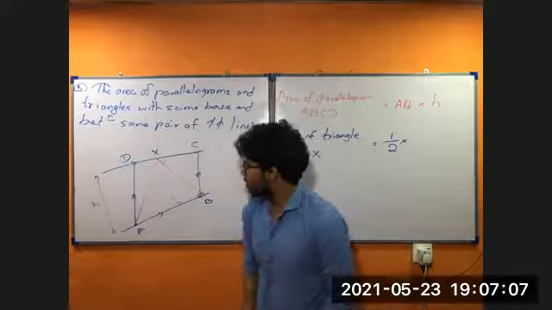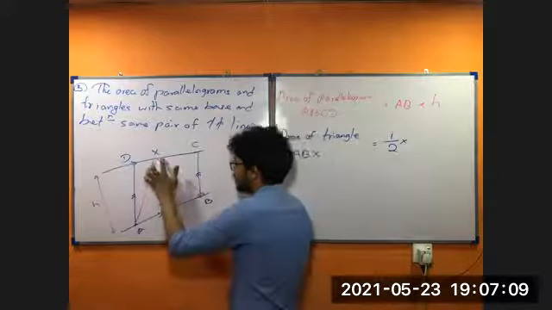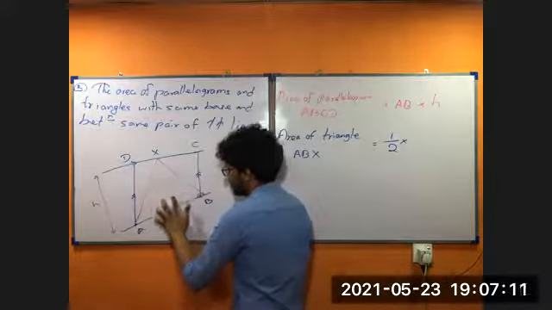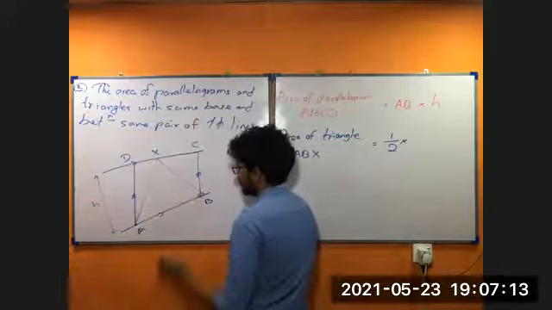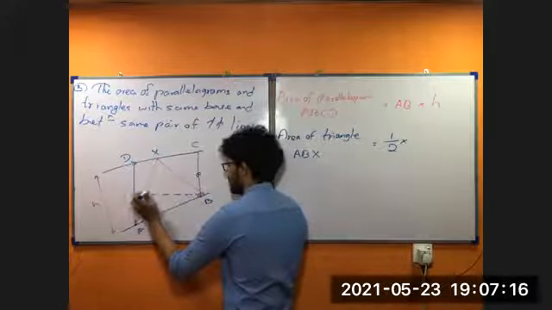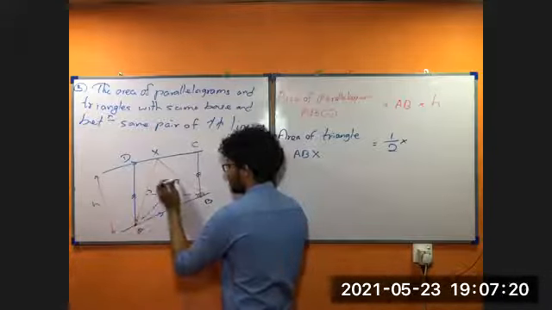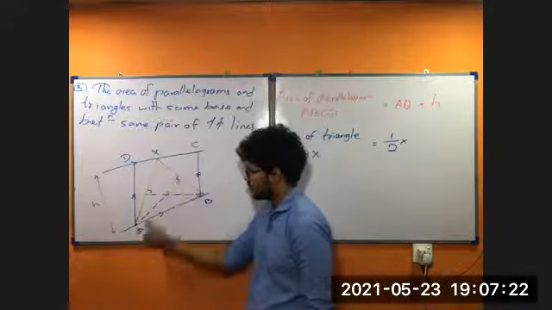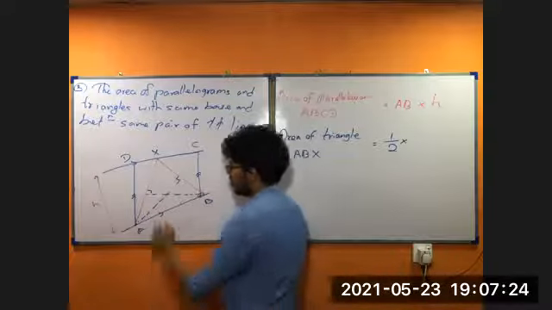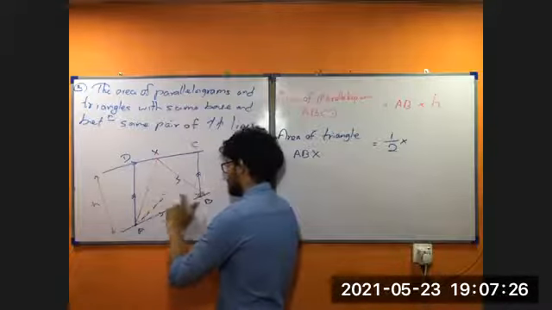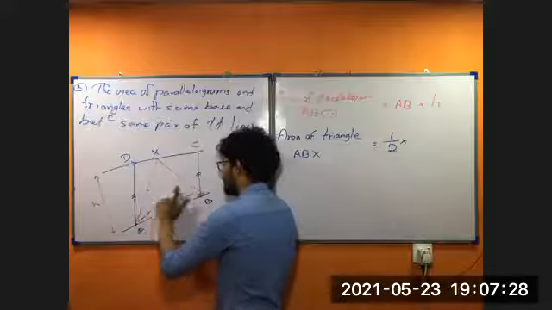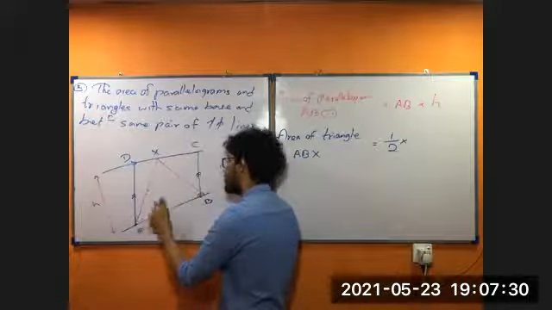When talking about perpendicular height, we have three perpendicular heights, right? One height is from here to here, or the other height is from here to here, but we don't know both these lengths. So I cannot take those perpendicular heights; I have to remove them from the picture because I don't know them.